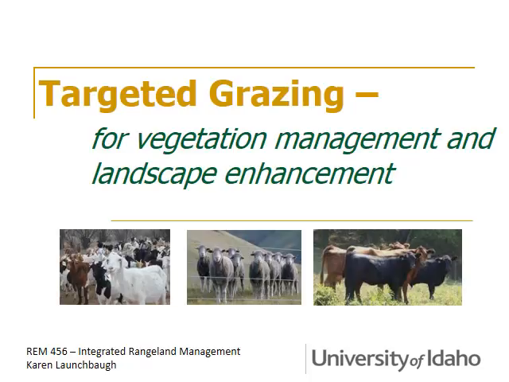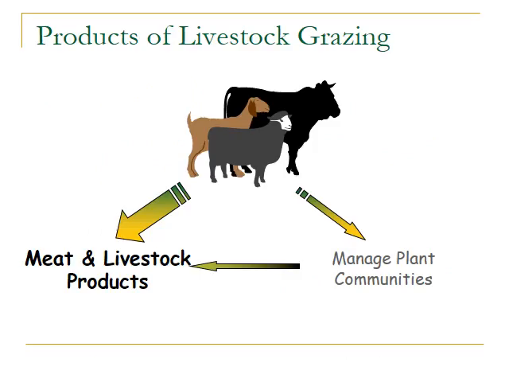So here are those elements. First of all, when we start thinking about using livestock on vegetation, it takes quite a shift in paradigm. When I went to school, and most livestock producers think about using livestock to create meat and livestock products and sell those products to pay for the land and to pay for resources.